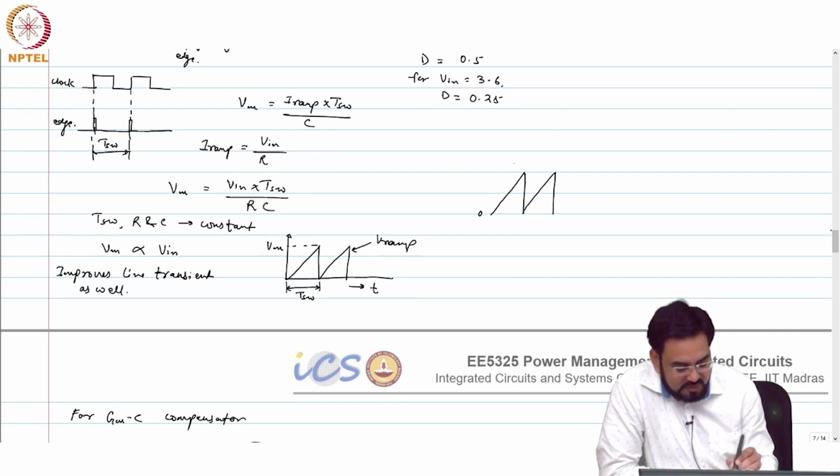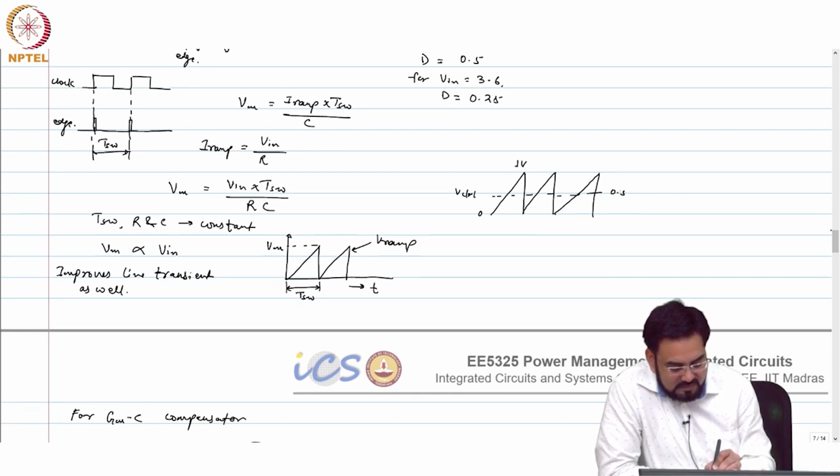So let us say this was 0 to 1 volt and your V control was 0.5 volt at V in equal to 1.8, correct?